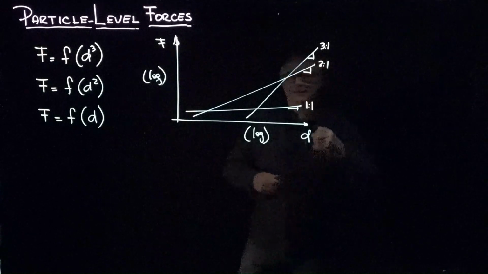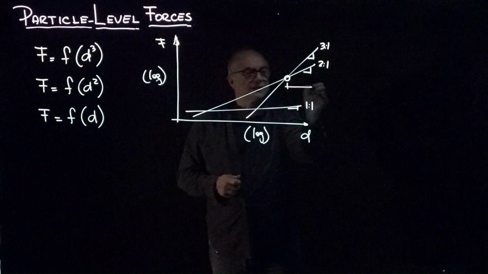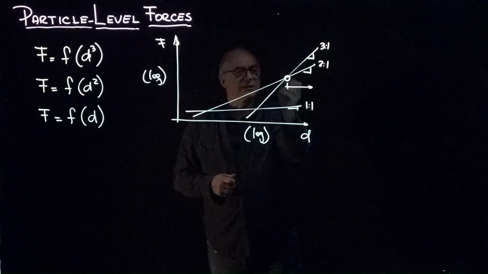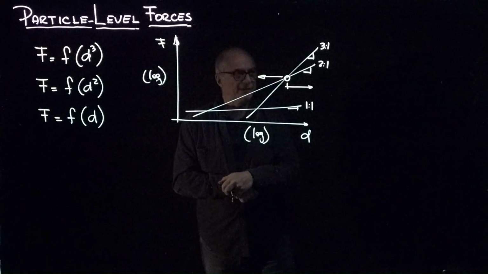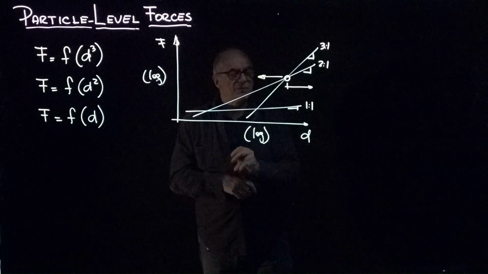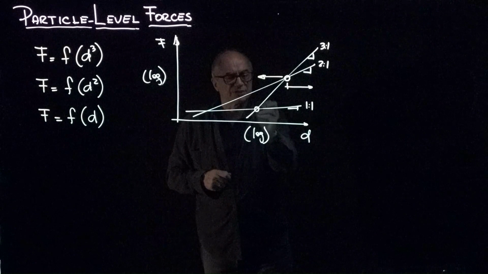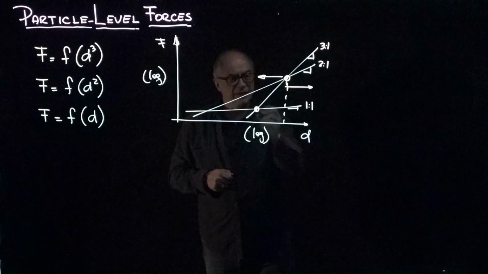And if they intersect, they're going to determine a region where the force that is above prevails, or when otherwise where the other force prevails. So this map is a beautiful map to identify the different regimes of the forces that control soil behavior.